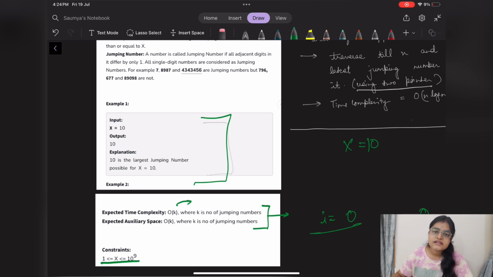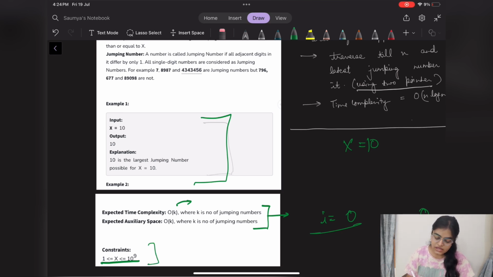But our time complexity is big O of n log n. So it will be greater than big O of n, hence it won't work for some cases.